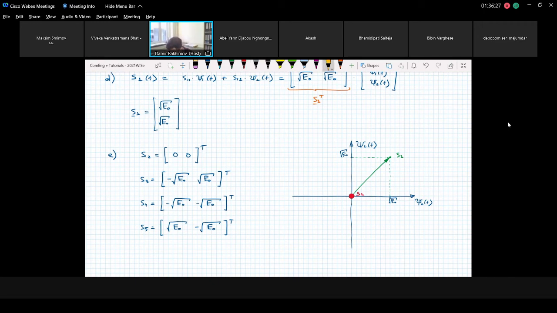Next is signal S3, given by minus square root of E0 and square root of E0. So along first axis, we have to take minus square root of E0. And along second axis, we have to take plus square root of E0.